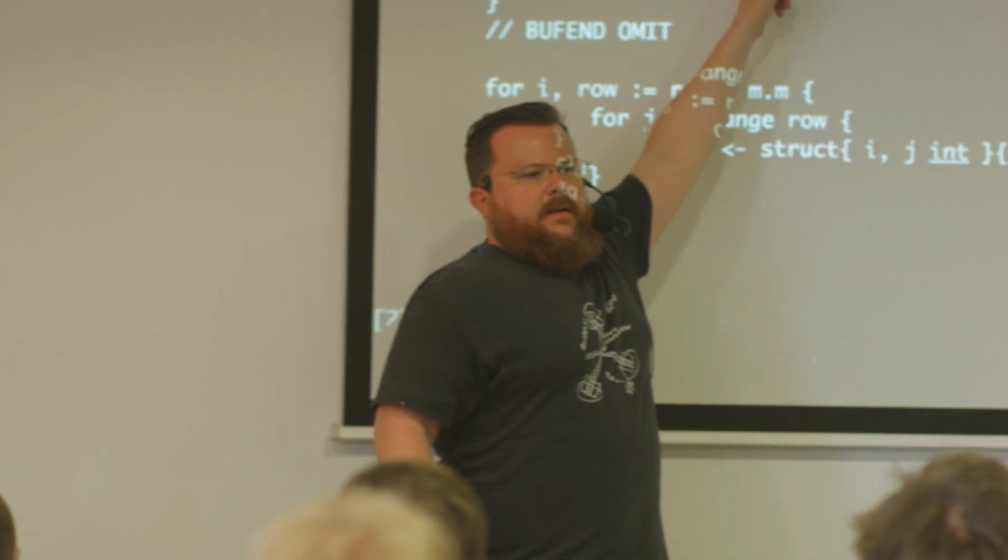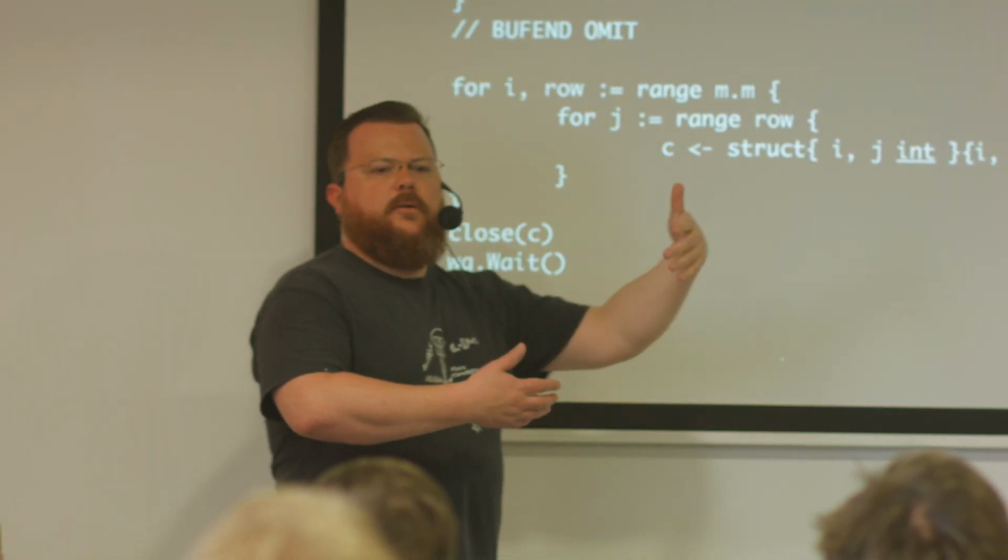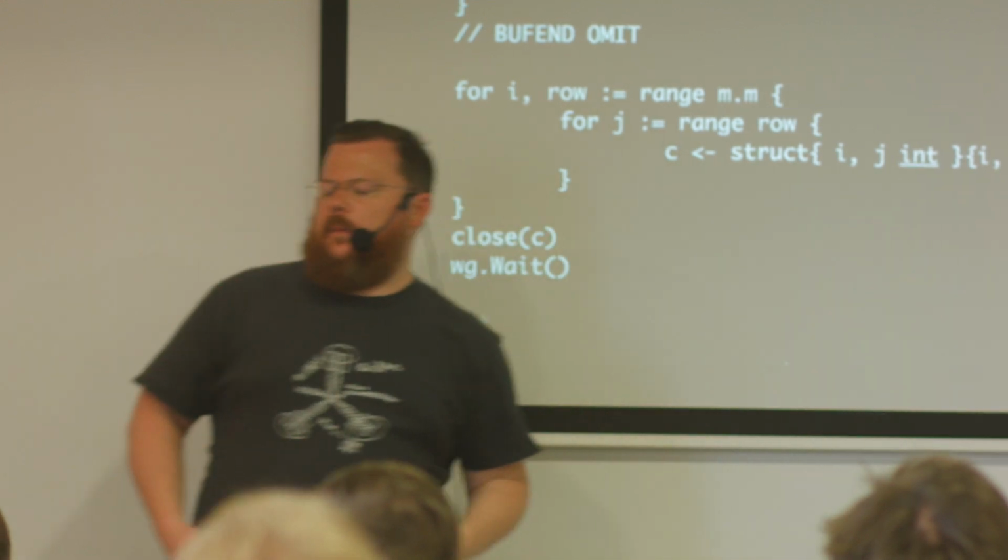So each of the workers can happily receive off this channel without blocking, without being stopped waiting for work. So they're happily just chewing through the amount of work they have to do. And we see that in the trace.